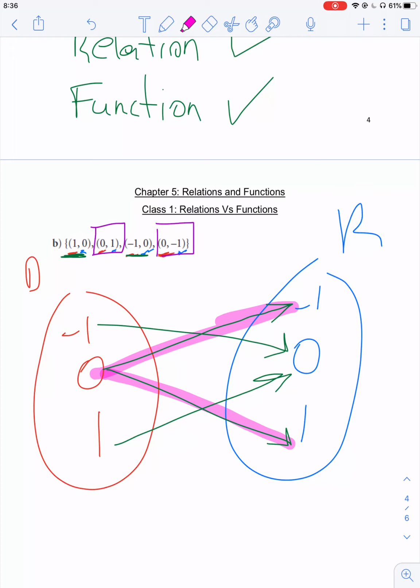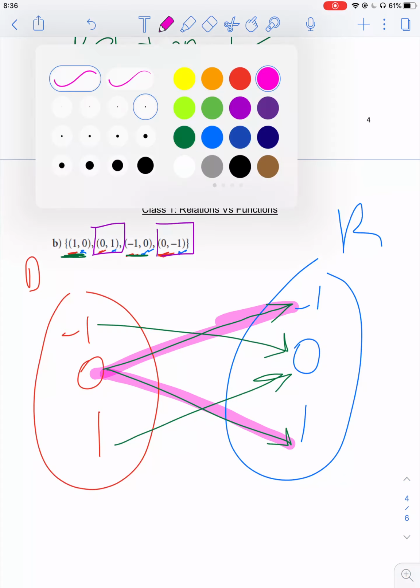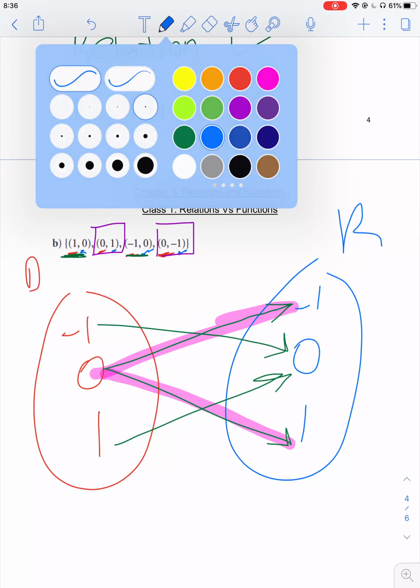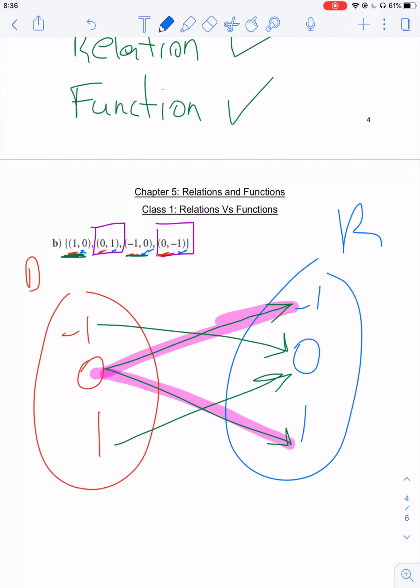Okay, an element in your domain should be associated to exactly one element in your range. Okay, and over here the 0 is defying that condition because it's associated to two elements. Cannot be two. It has to be exactly one, right? Cannot be 0, cannot be 3. It has to be exactly one element.